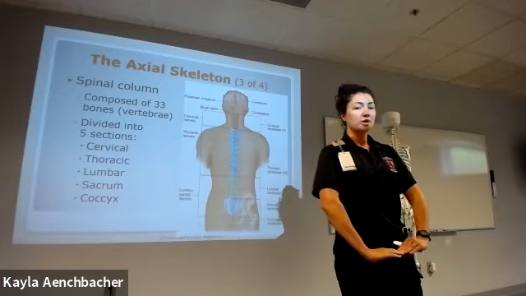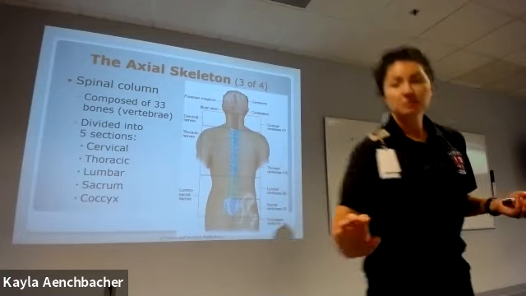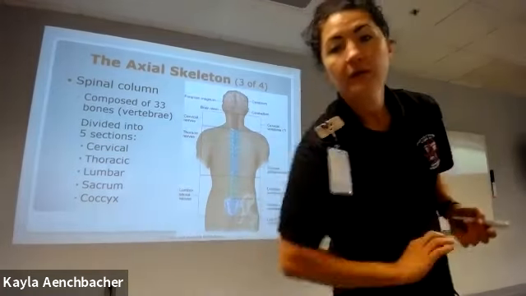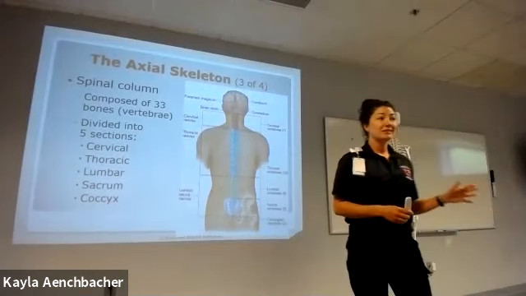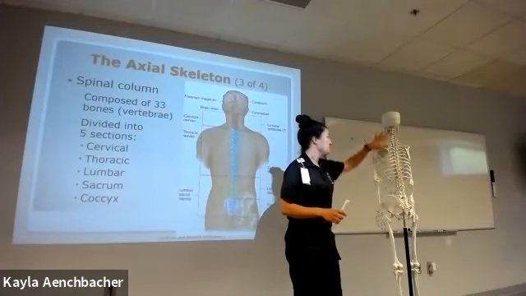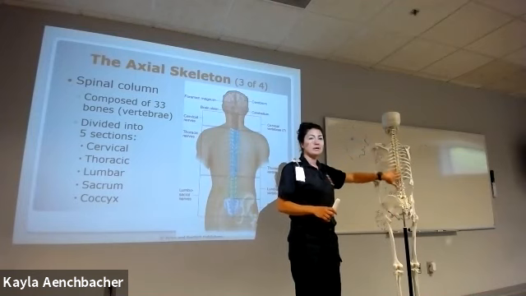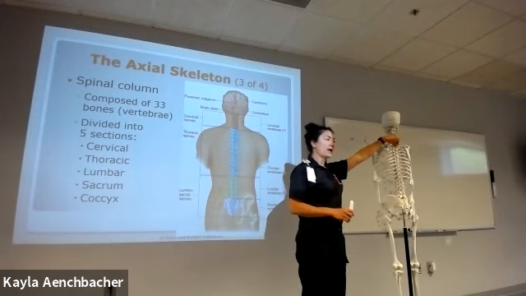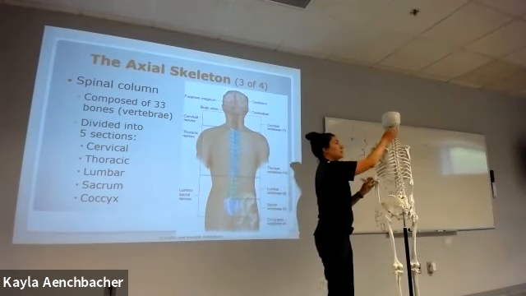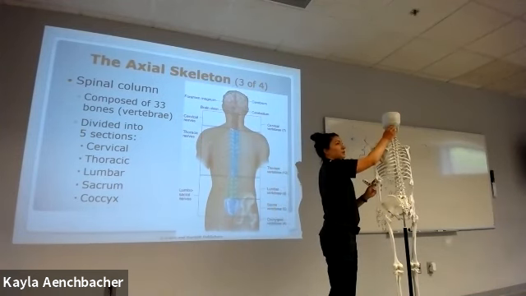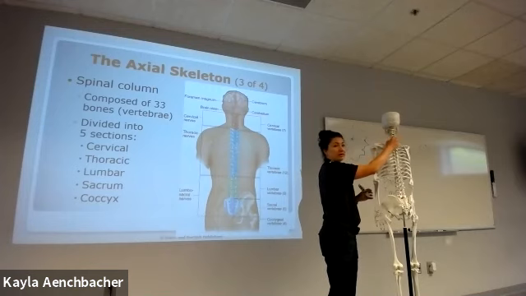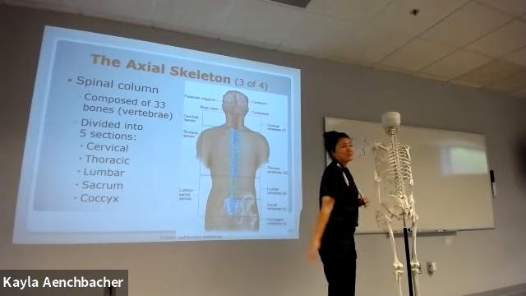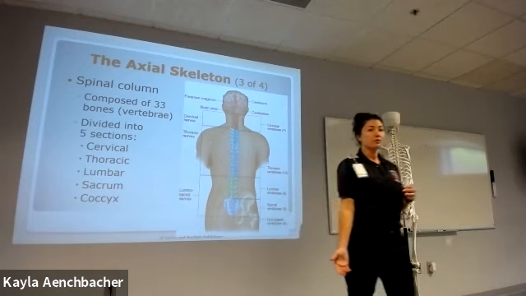Okay, and that's important too, guys, because when you are doing your assessment of the back, that's one big thing that we're looking for, to see if these are all where they need to be. And if we notice a deformity or an abnormality, we need to be able to count down and say, okay, I've got some step off around the C5 area. That needs to be conveyed in your radio report, right?